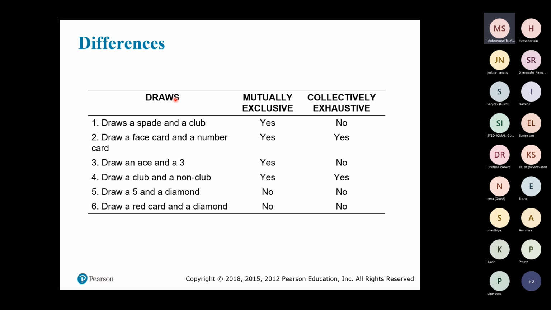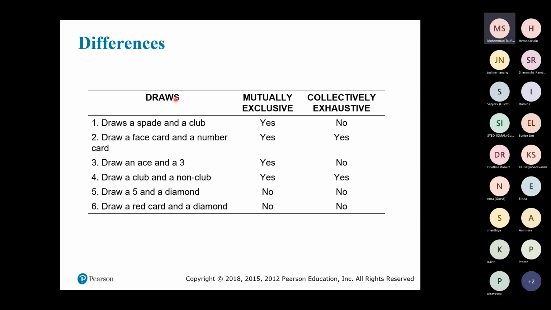The face cards are J, Q, and K, right? So you don't have any card like 7 J. You don't have any card like that. So you can either pull one card of number or one card of face. So it is mutually exclusive.